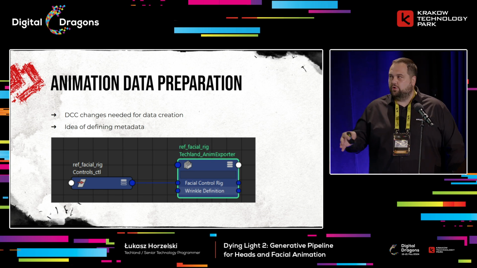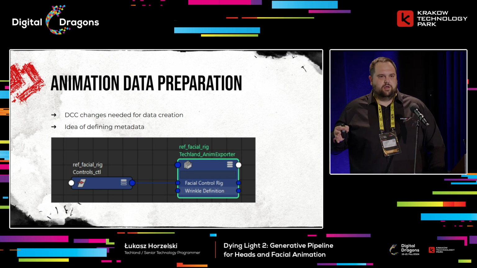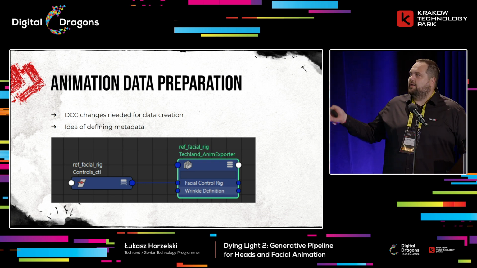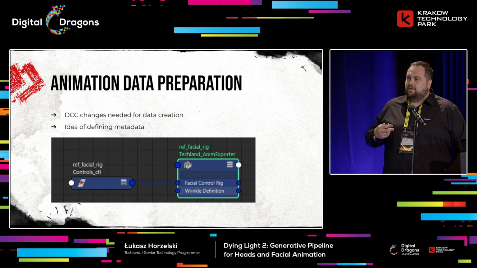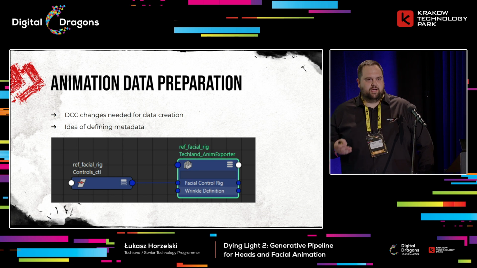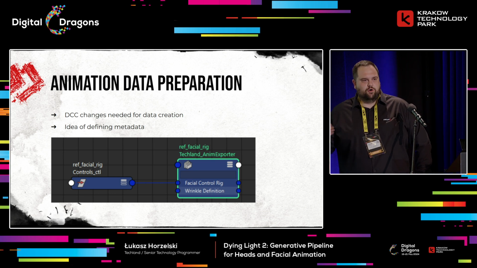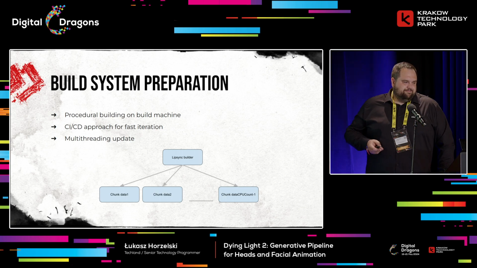We had to store those data in a special node. We introduced a special node under the hood in Maya, and we store those data in it. So this gave us the ability to process more data than we need to for the automatic process later on.